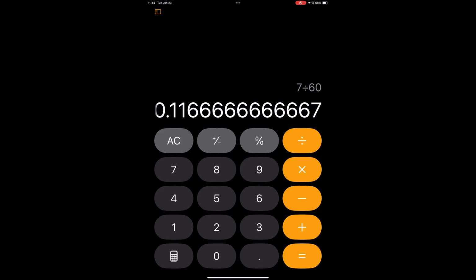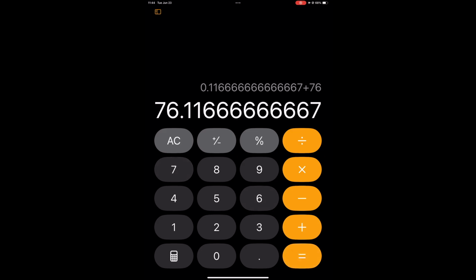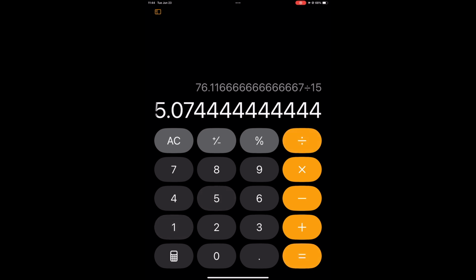Now I need to add the 76 degrees. So 76.117. That is the decimal form of my longitude. Now I take my longitude and divide it by 15 degrees. And as you can see, we have 5. So I know that my zone description is +5.